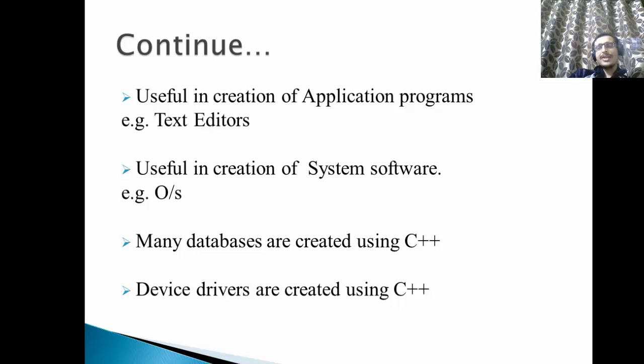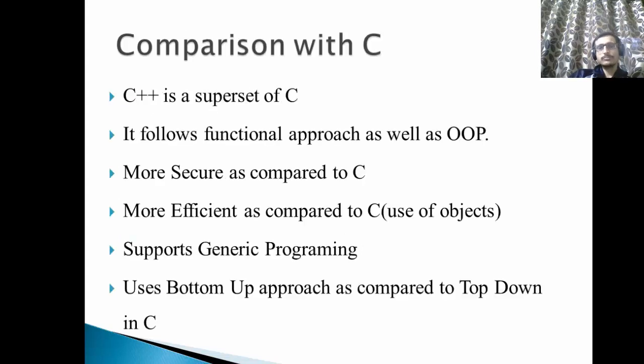It is a middle level language, that is, it contains the features of both high level as well as low level programming languages, and it is highly compiled. It uses translators to convert one source code into another. So the compiler here is the translator for C++.